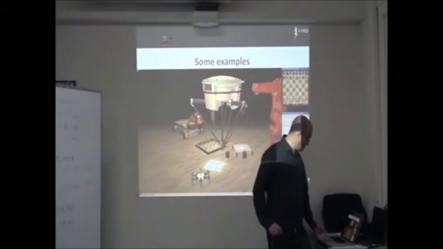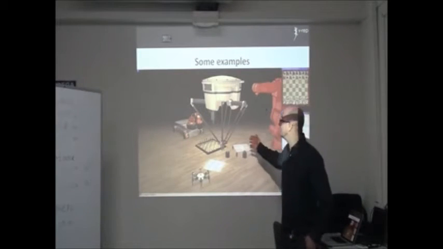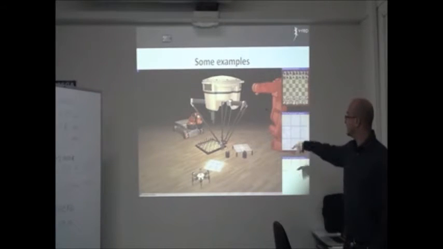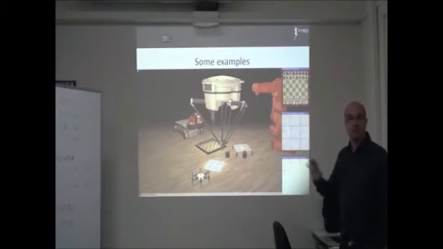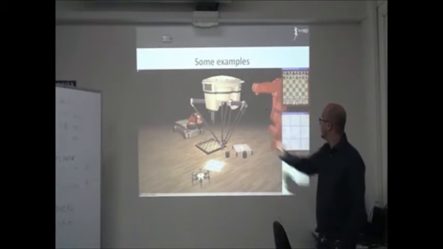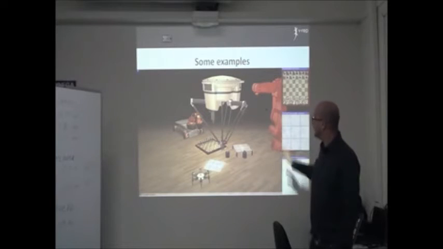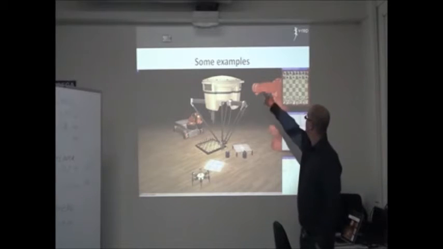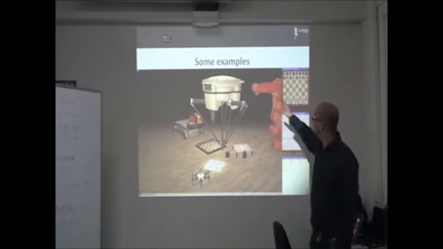So this is actually a very nice video that I'm going to show you that shows a lot of possibilities that VREP is offering. So in this scene you have 4 robots, different kinds of robots. You have the very standard industrial manipulator.